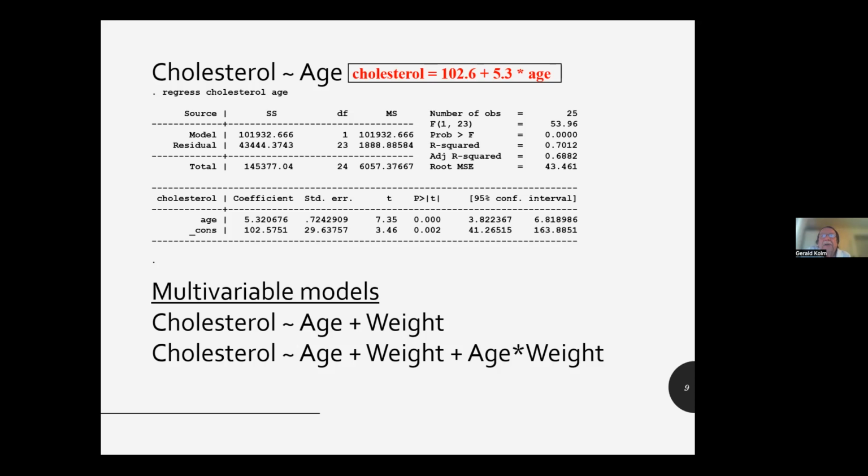That's why you see here an F with 1 and 23 degrees of freedom. So the 53.96 here is 101,932 divided by 1888. And then we can look that up in a distribution table, or do it in a program, that gives us the probability.